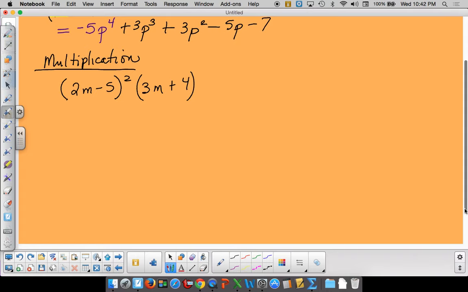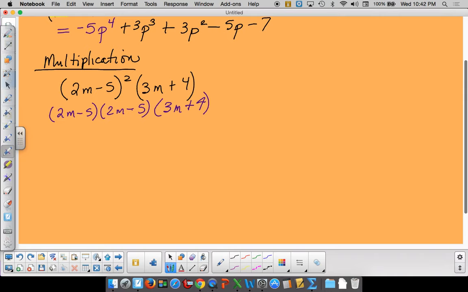And hopefully you're out there going, well, squaring a binomial means we should take 2m minus 5 times 2m minus 5. And then we'll also have to multiply it by 3m plus 4. So in reality, I'm actually going to multiply all three of those binomials. However, you could only do two of them at one time. And I would certainly square it.